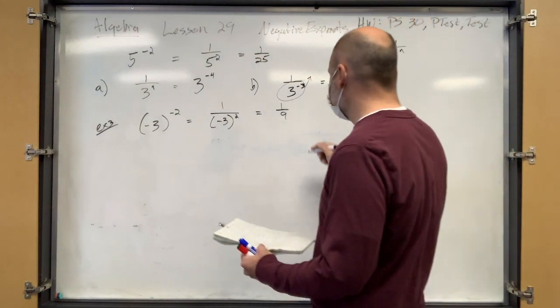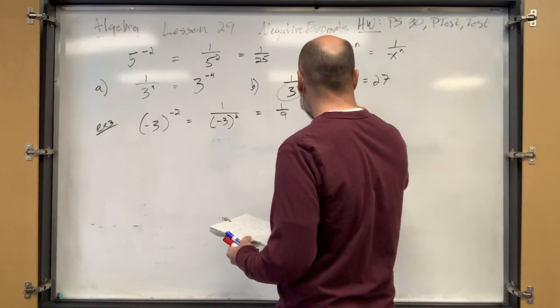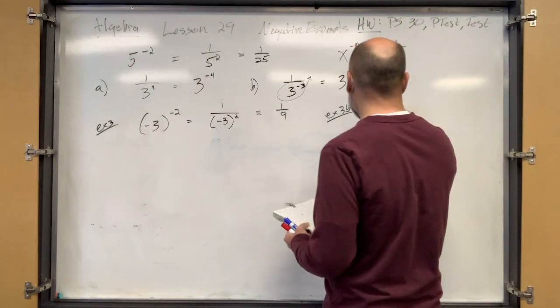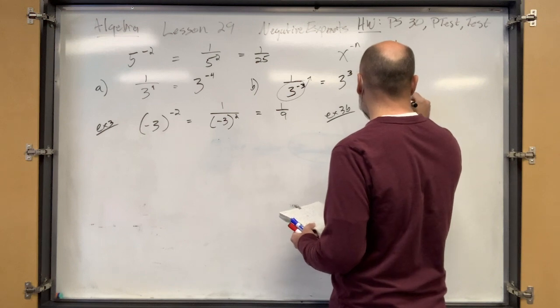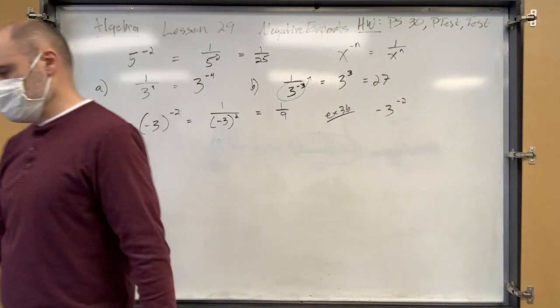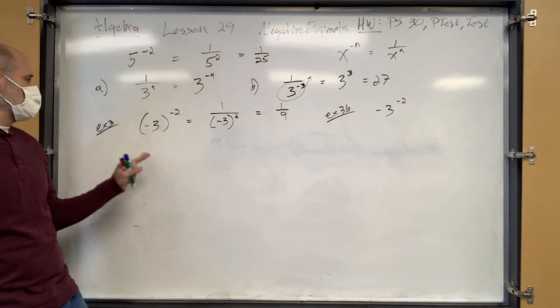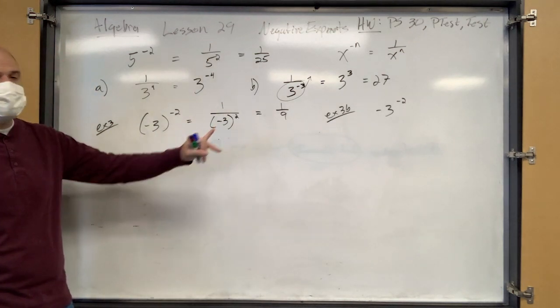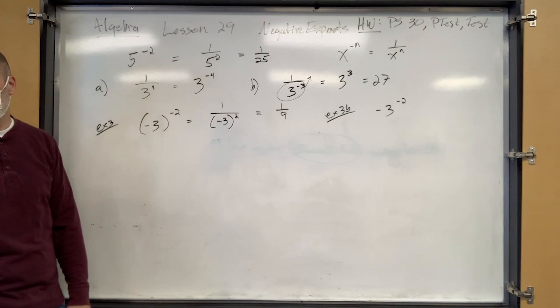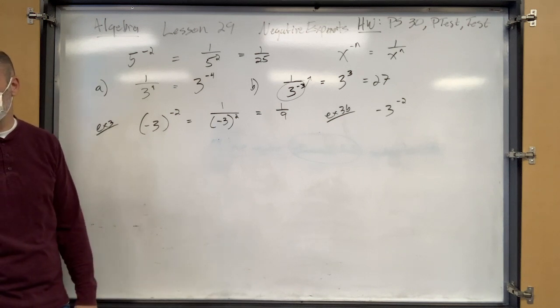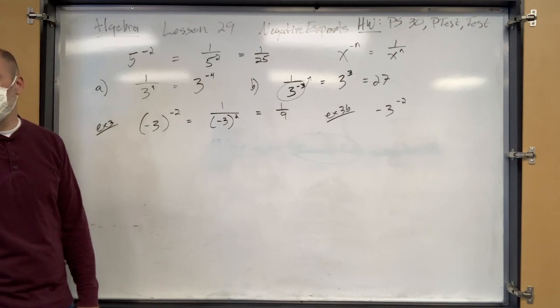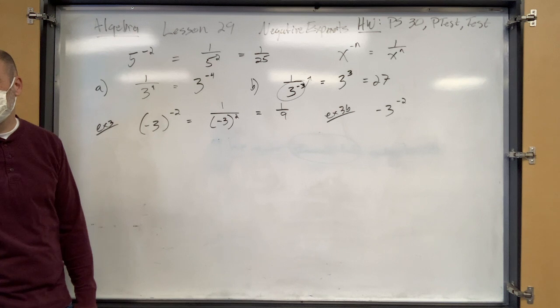All right, well here's another example, 3b. If it was negative 3 to the negative 2, see the difference between example 3 and example 3b? There's no parentheses. First things first, let's deal with the negative exponent. What does that negative 2 exponent apply to? Just the 3.